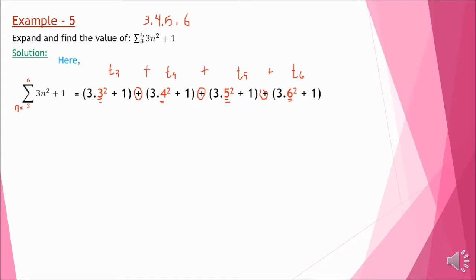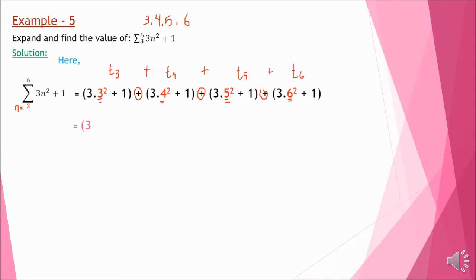You can do it directly like this if you understand, because it will save time in the examination. But if you find it difficult, you can find T3, T4, T5 and T6 separately.